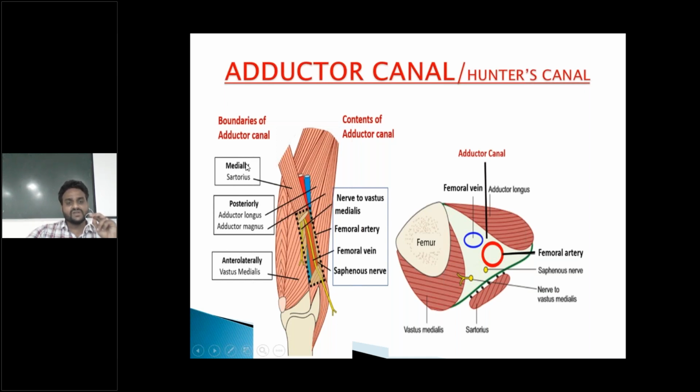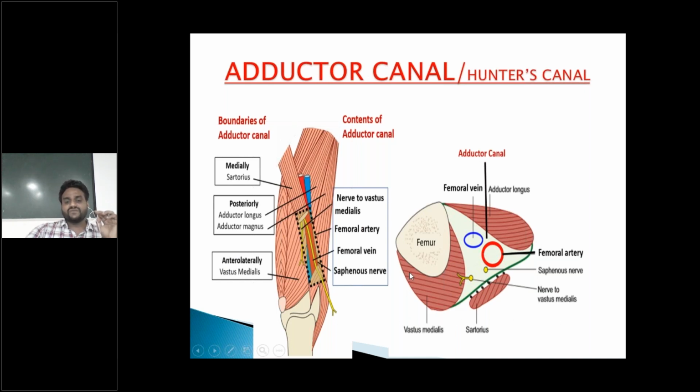Medially it is bounded by the sartorius muscle. Posteriorly it is bounded by adductor longus and magnus. Anterolaterally it is bounded by vastus medialis. So these are the boundaries. Simply you can say medial, posterior and anterior. So three boundaries. In the cross section you can see the muscles clearly.